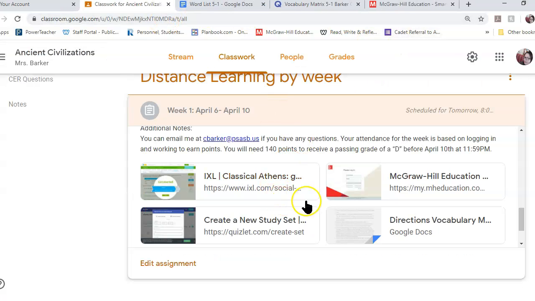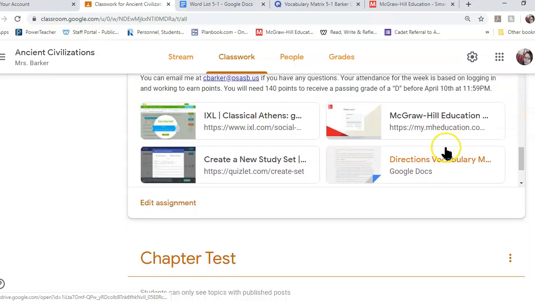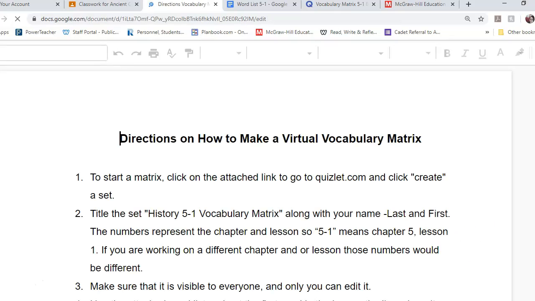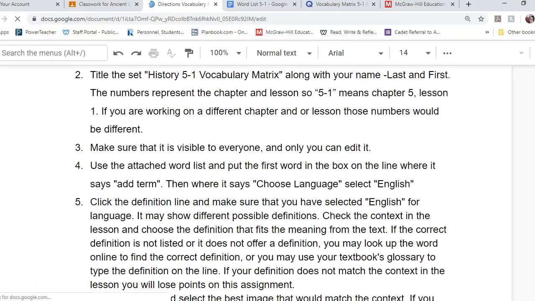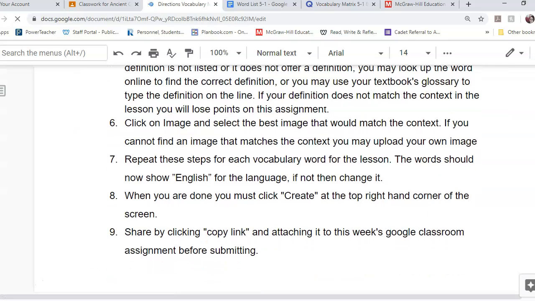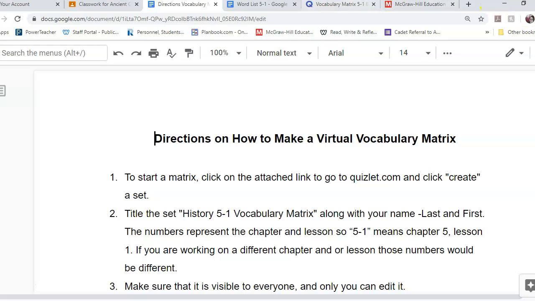But what you're going to do is you are going to attach this assignment, this link, to this assignment. Okay. So make sure that you follow the directions here, and if you have any additional questions on how to attach it, check out my video that I posted on how to attach an assignment onto Google Classroom. So let's go back.